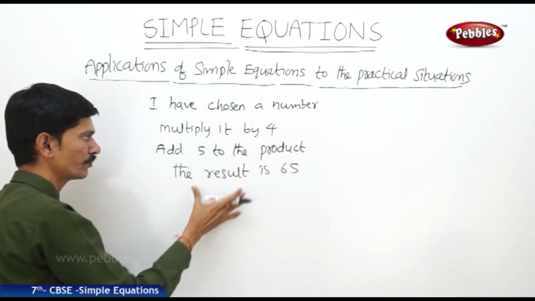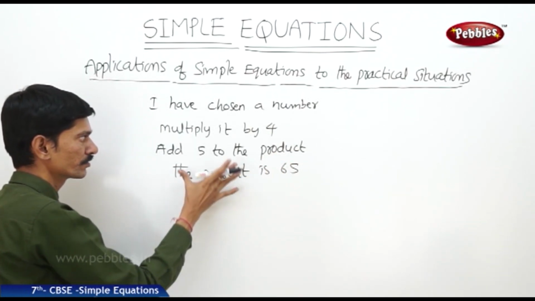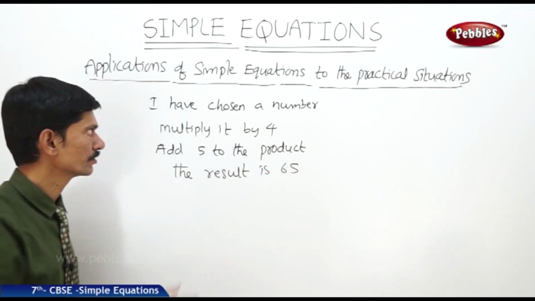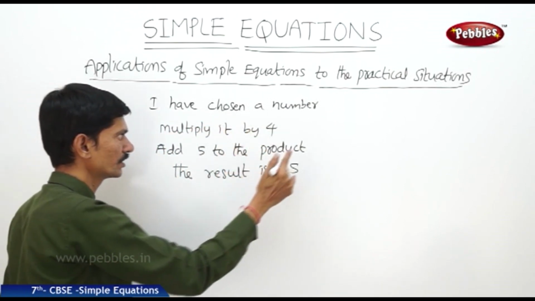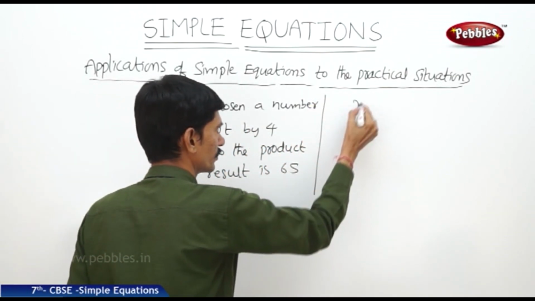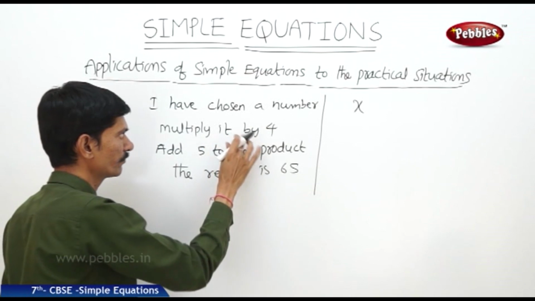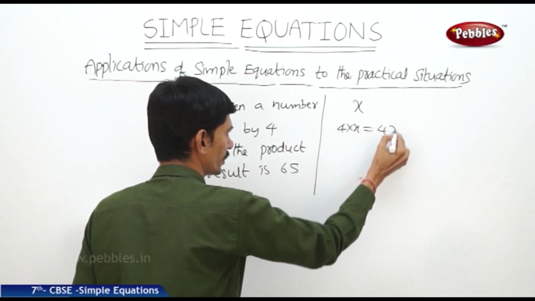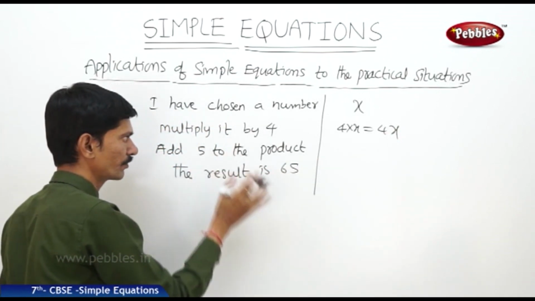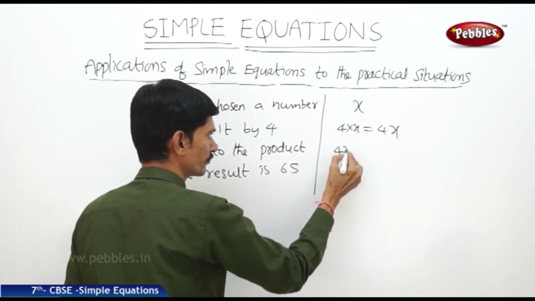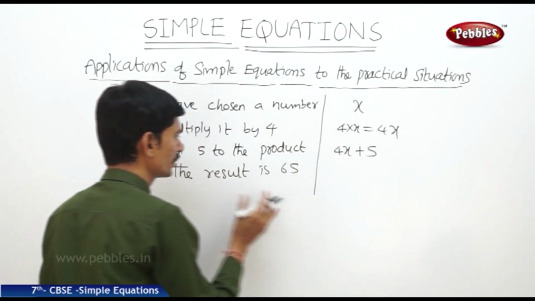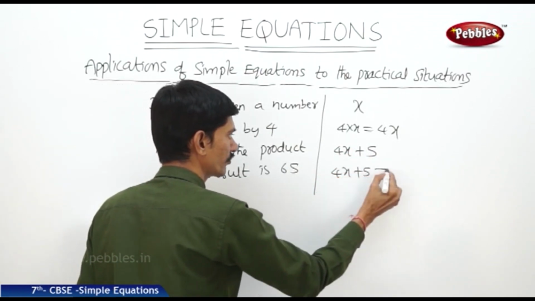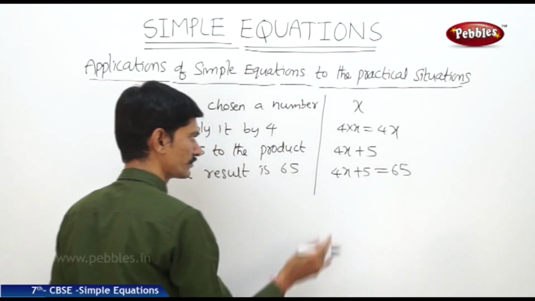Whenever any puzzle or rider is given in this form, first you should convert it into the simple equation form. So I have chosen a number, so let the required number be x, then multiply it by 4, so we get 4 into x, that is 4x, then add 5 to the product, so we get 4x plus 5, then the result is 65, so 4x plus 5 equal to 65.